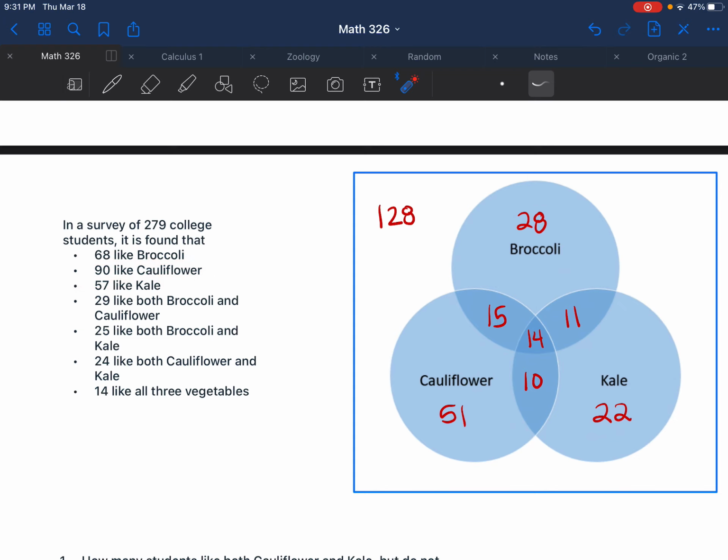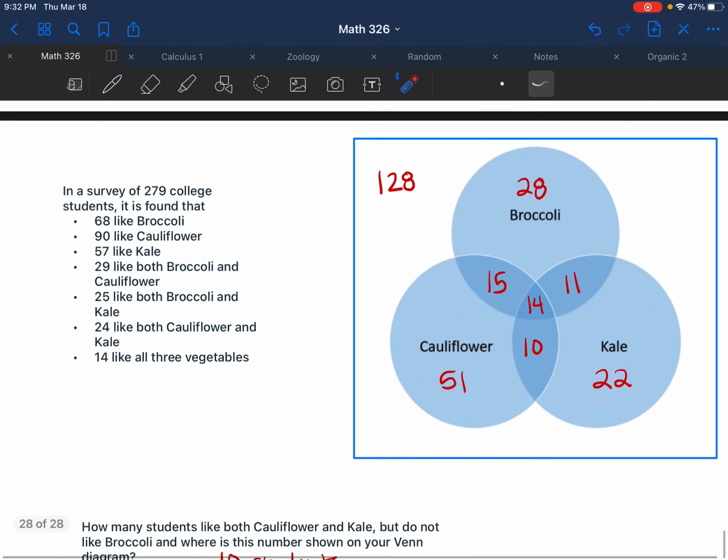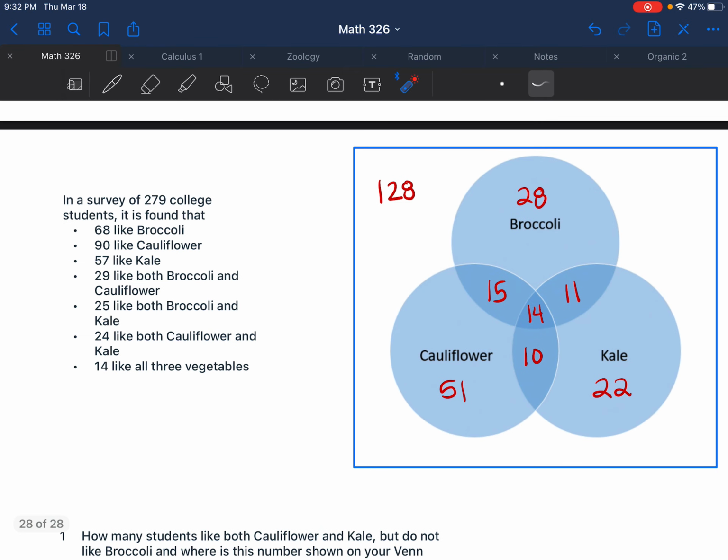We could find it, but we can't just look at it once and see what the data is telling us. So our Venn diagram is just a very useful way to organize our information in a way that is visually pleasing, easier to look at, and easier to analyze.